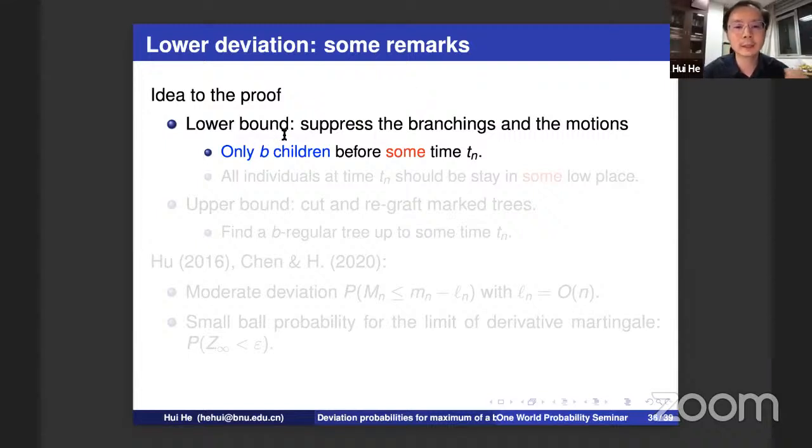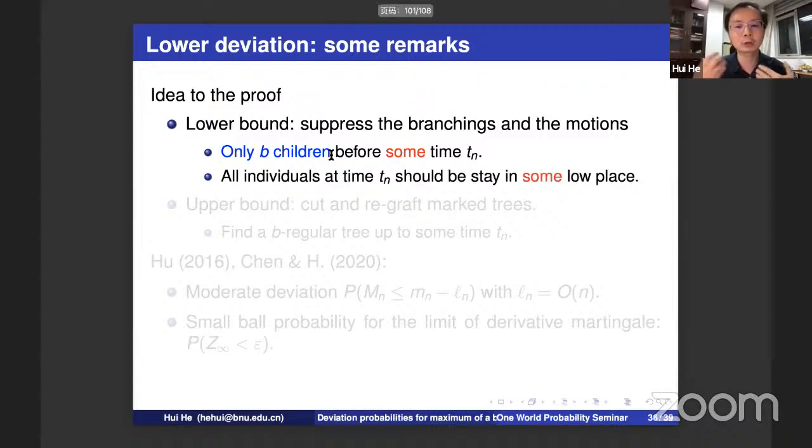So if we want to get a lower bound, you just suppress the branching so that before some time Tn, when each particle dies out, it can only have b children, right? So you get a b-regular tree, and then you also need to force that at time Tn all the individuals stay below some places. Okay, that means all the individuals at time Tn should stay in some very low place.